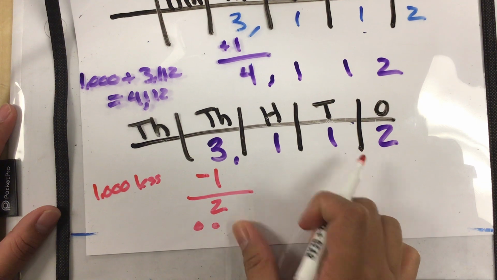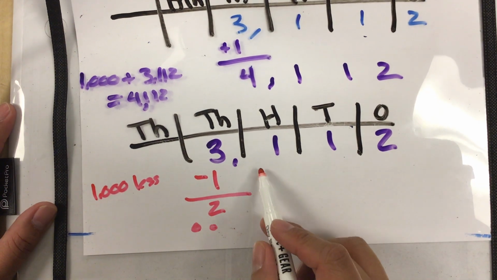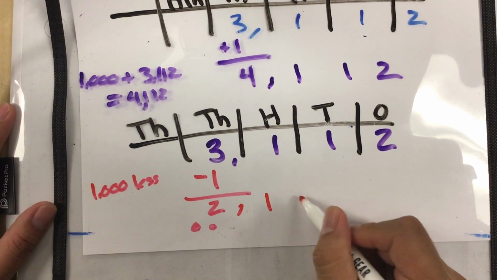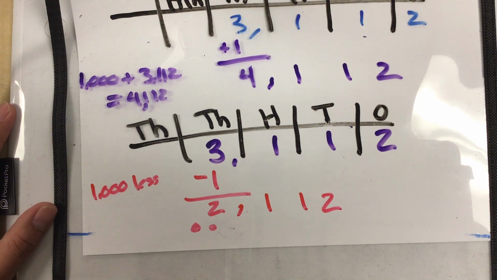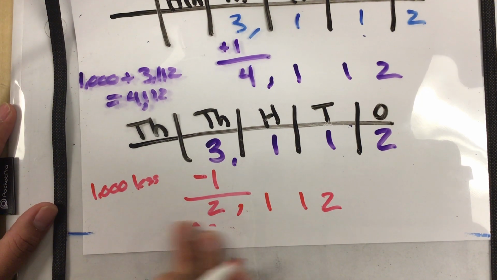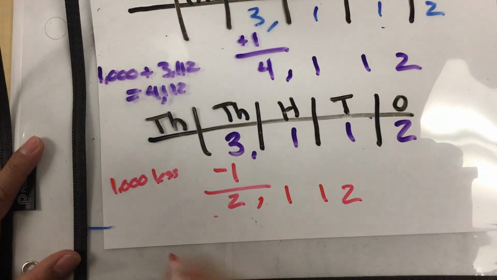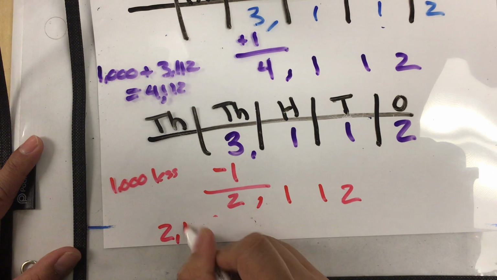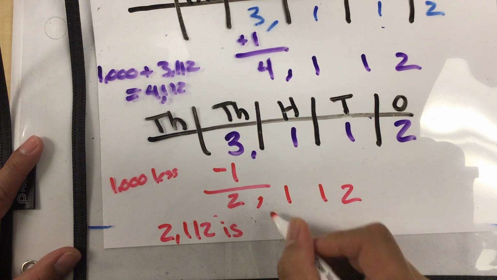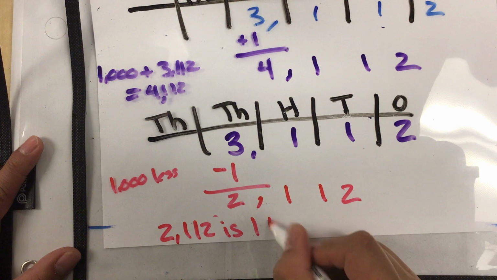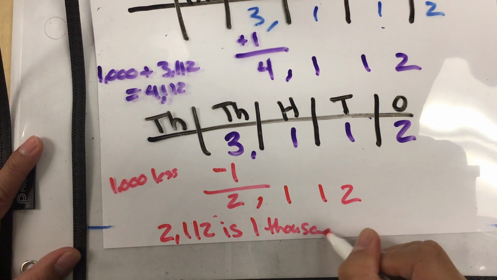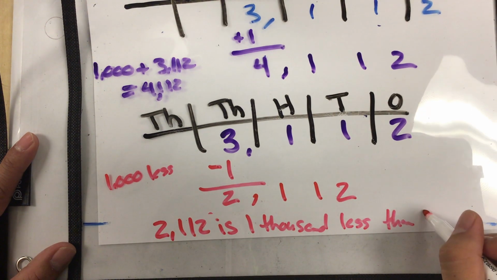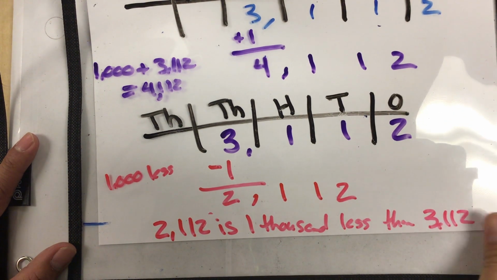Or I could erase to take it away. And nothing changed to our hundreds, tens, and ones. It's like we subtracted 0, which will leave us our number of 2,112. I could also just say 2,112 is 1,000 less than 3,112.